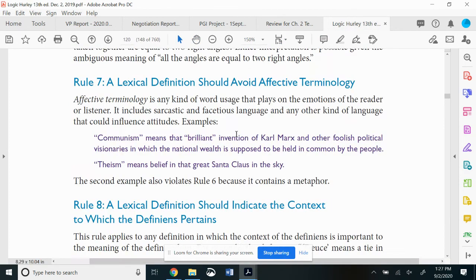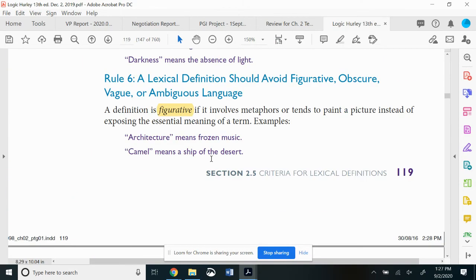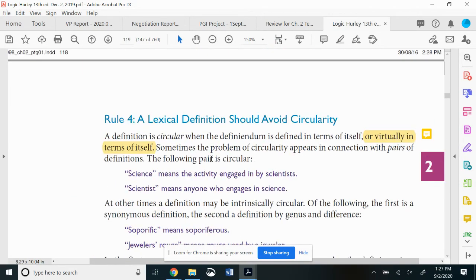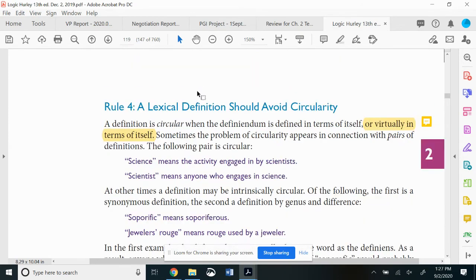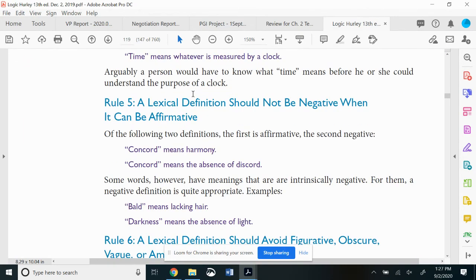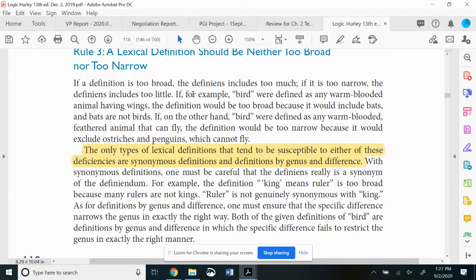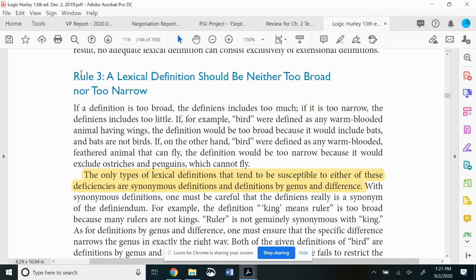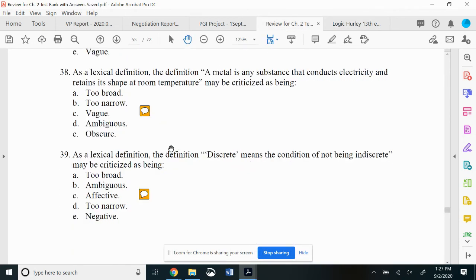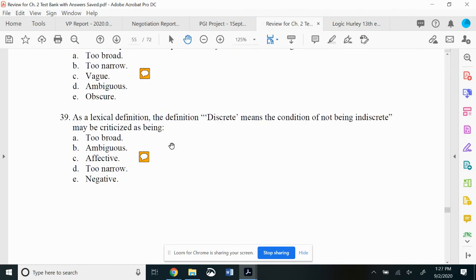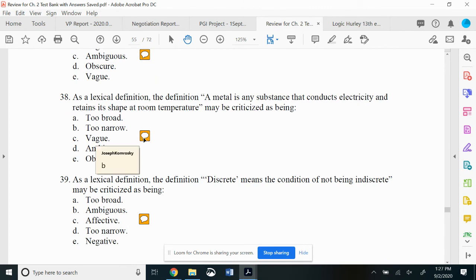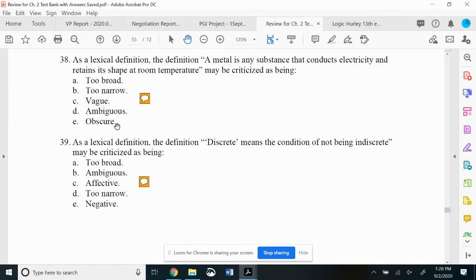So it violates rule 4, because of, oh, sorry. Oh, yeah, there, 3. That's what I meant, 3. Too narrow, too broad, violates rule 3. So on your test, you might see, too narrow, or you might see rule 3. It might show up 2 different ways.